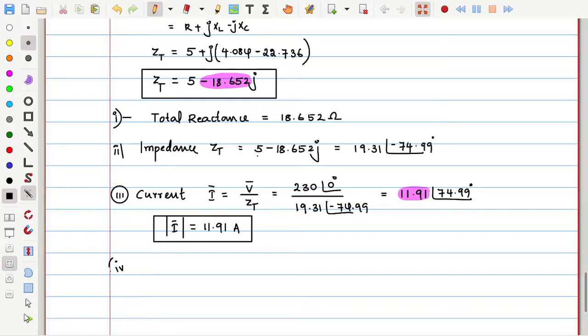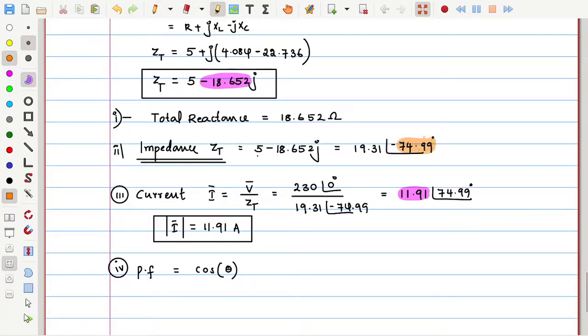Then the final one is the power factor, PF. PF is the cos of the angle between voltage and current. If you know voltage and current both, you can directly do it like that, or if you already know the impedance angle, directly put that angle. We already calculated the impedance, so the angle is already known. How much is the angle?